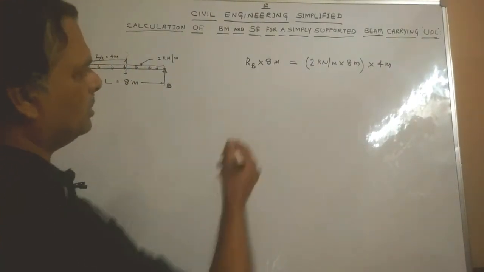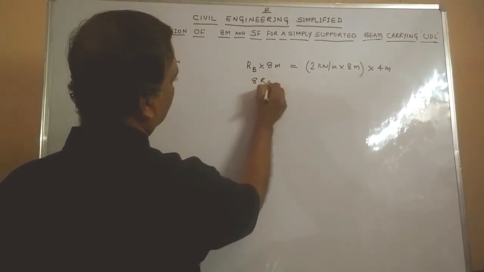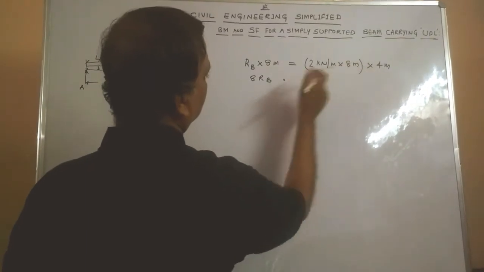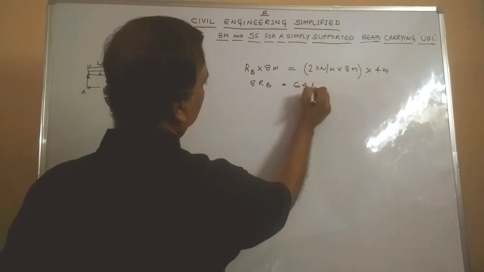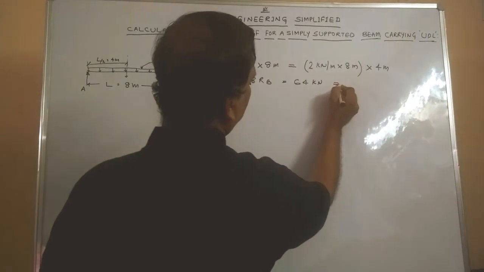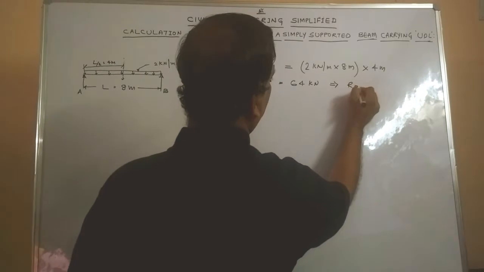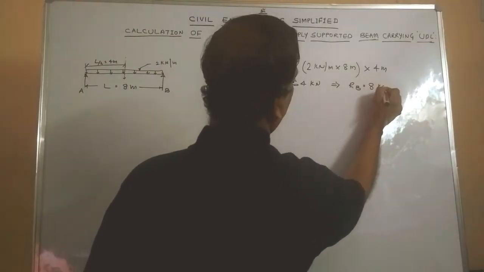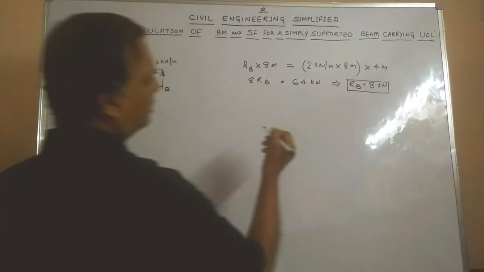So now let us simplify this equation. 8 RB is equal to 2 into 8 into 4, which is 64 kilonewton meter. Hence RB works out to 8 kilonewton. This is the value of RB.